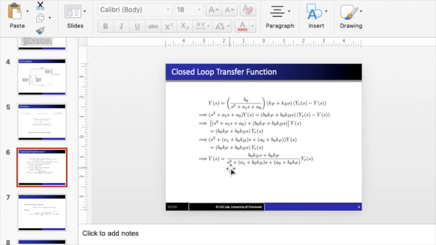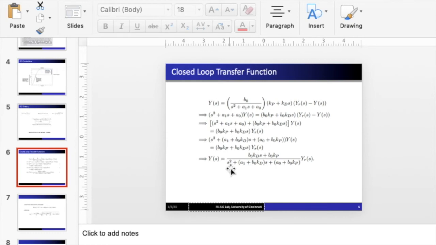So we can solve for, and what are A0 and B0? B0 equals 1, and A0 is also equal to 1, and A1 equals 2. So you can plug these numbers here and solve for Kp and Kd.